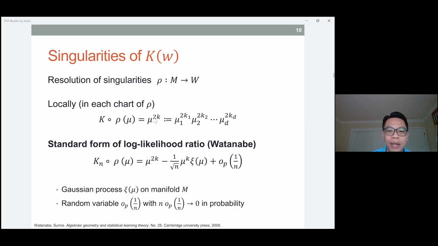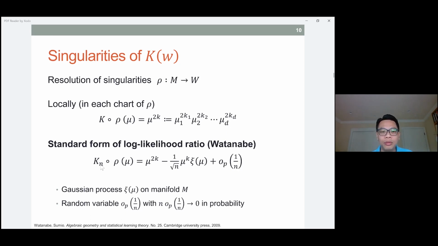And if we apply that map to the log likelihood ratio Kn, you can prove, it's not easy, that in each chart we're going to get a function on mu that looks like this: mu to the 2k plus 1 over root n mu to the k times this random variable c, plus another term which I call OP.